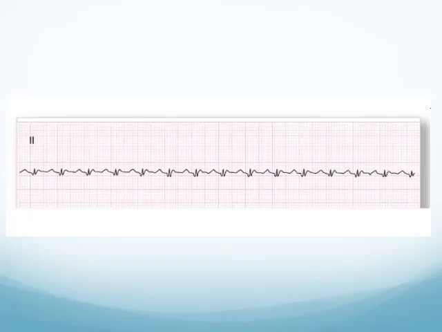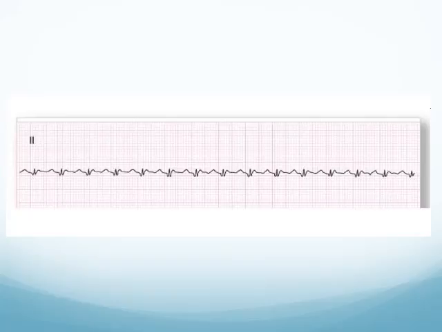If you look at the flutter waves just before the QRS complexes, you'll notice that you only see half of them. The other flutter waves are actually buried by the QRS complex. Any time you see a ventricular rate of 150, your suspicion should be high for atrial flutter.